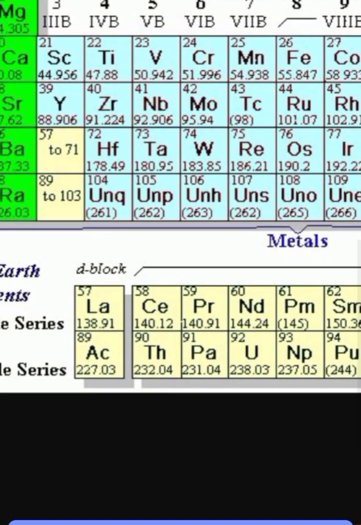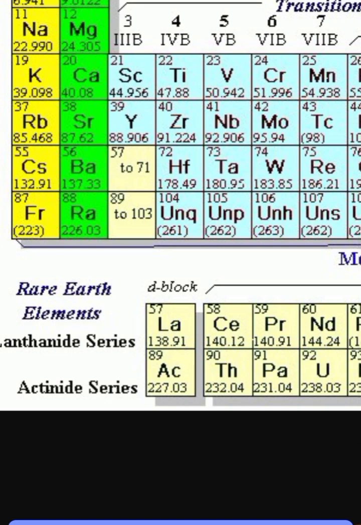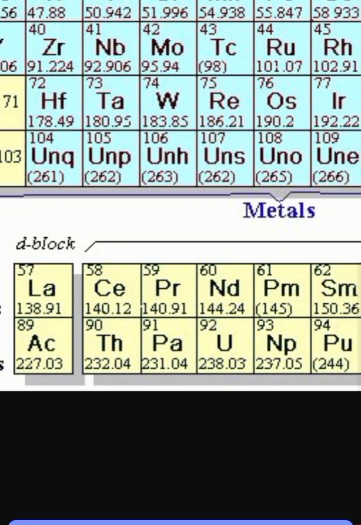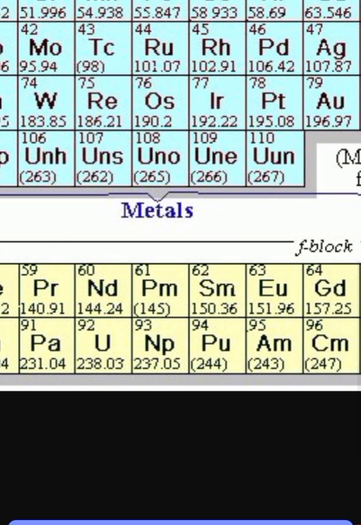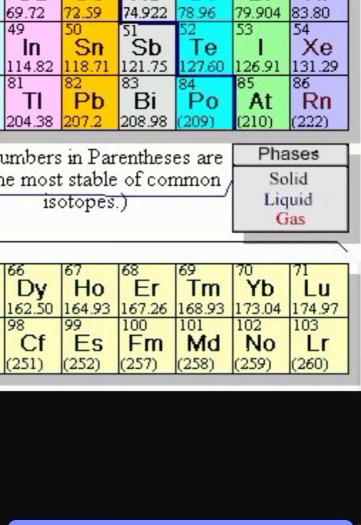Check this color, because this color differentiates them. We have the lanthanide series and the actinide series, the rare earth elements. Although they are not d block, they are f block elements. We call them f block elements.